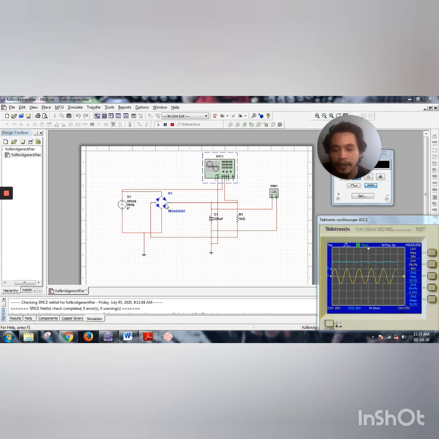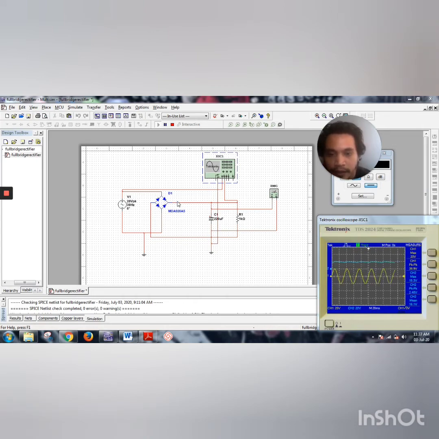So I'm going to explain to you the positive half cycle. Diode 1 and diode 2 are in series, while diodes 3 and 4 are reverse biased. When the current transfers to these diodes, these two diodes will allow the current, and these two are reverse biased.